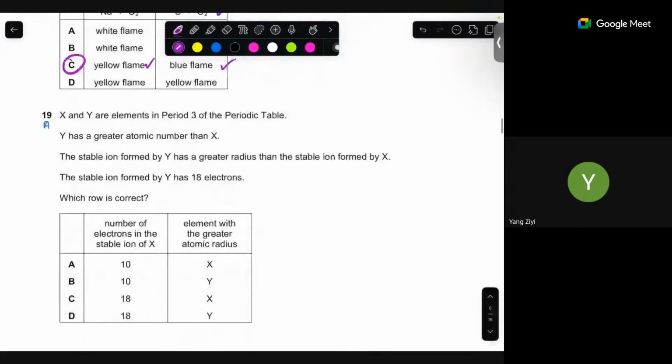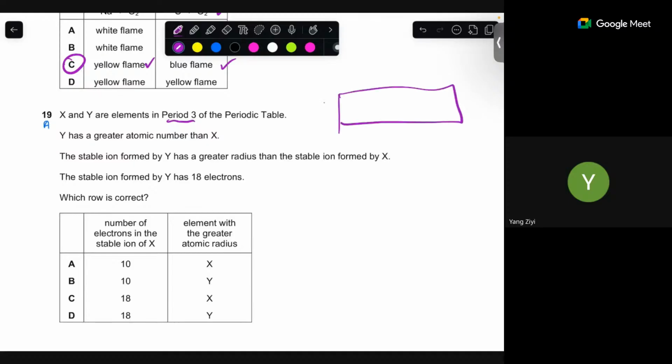Now, X and Y are elements in period 3 of the periodic table. So let's say they are in period 3 from here. Y has a greater atomic number than X. So maybe Y will be here, X will be here, from left to right.